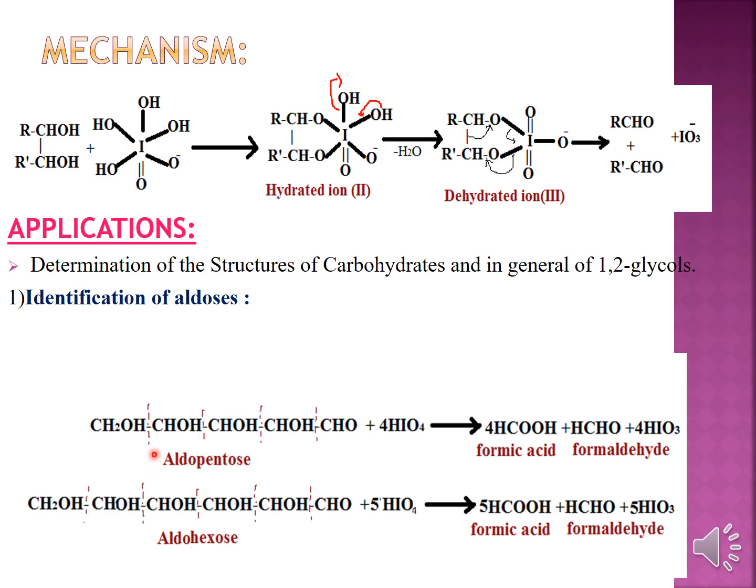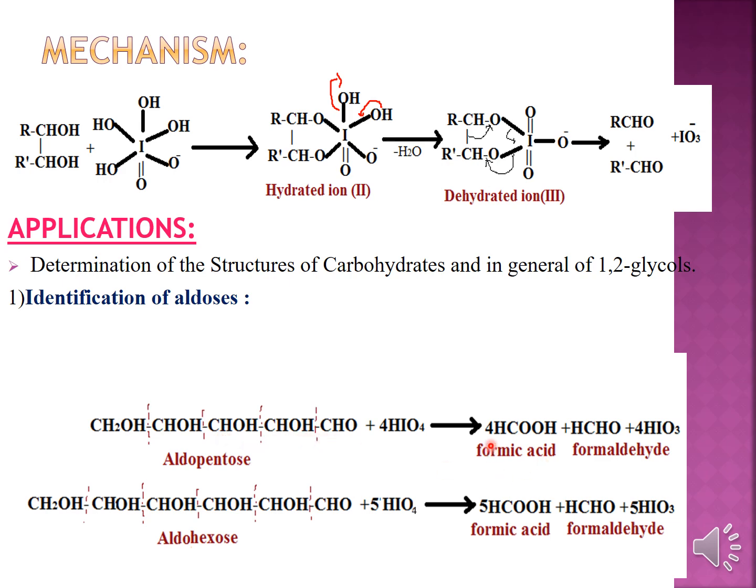If we take the aldopentose and treat it with periodic acid, here is the cleavage which I have shown. CH2OH and then CHOH, CHOH, CHOH. These three CHOH are getting oxidized to formic acid, and this CH2OH is getting oxidized to formaldehyde.